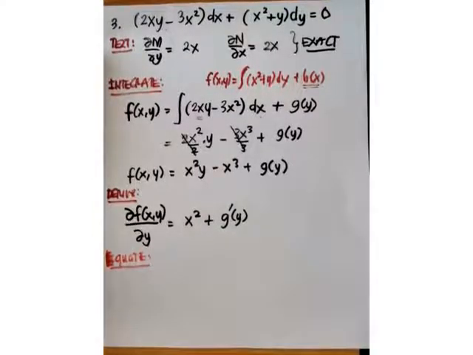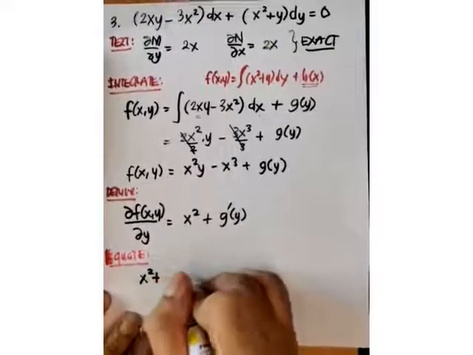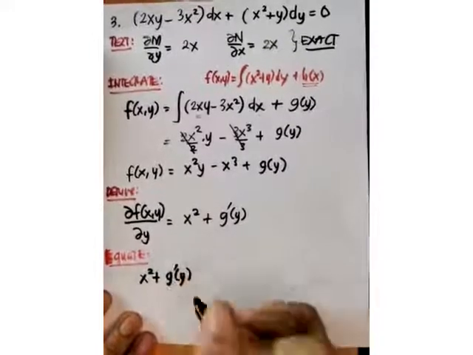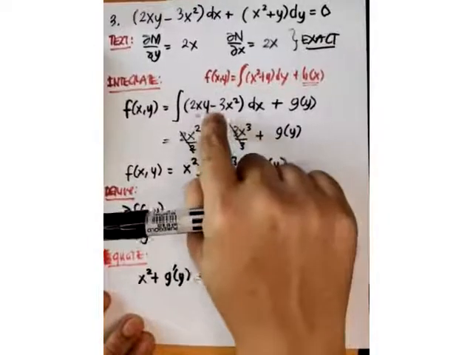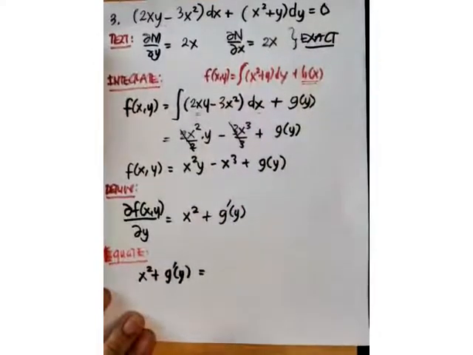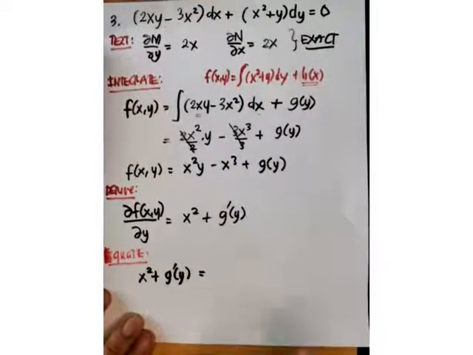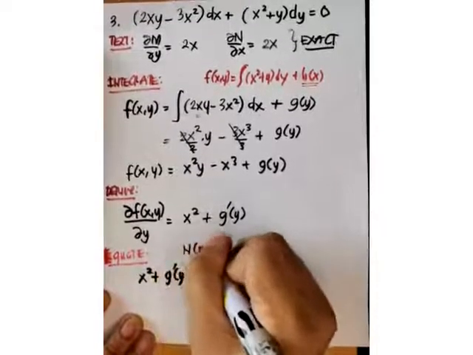Ang next step natin ay, may question ba sa derivative? I-equate. Equate natin siya sa, so x squared plus g of y prime is equal to, okay class, kung ito ang pinili natin sa m, i-equate natin siya nun sa n. Equate to n of xy.